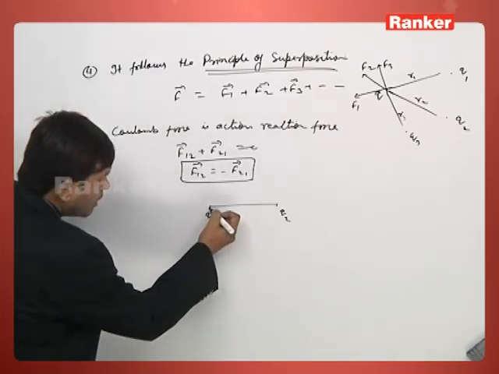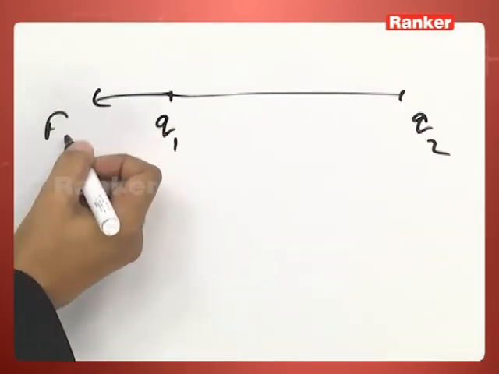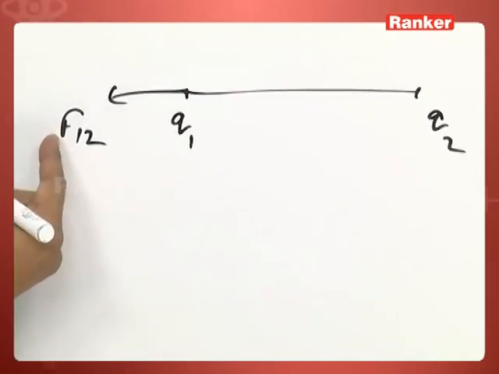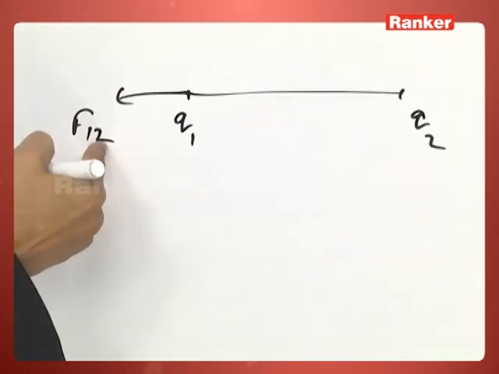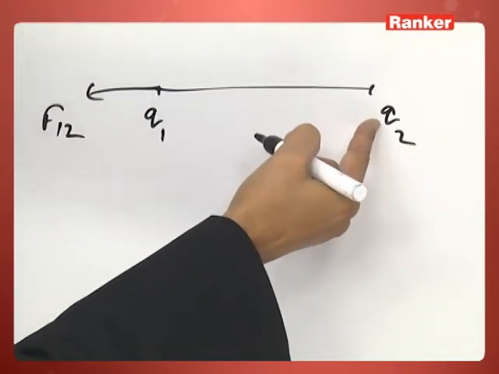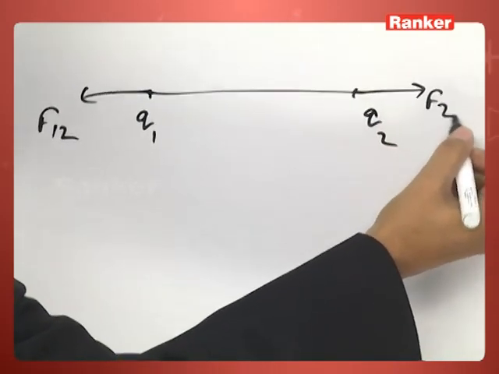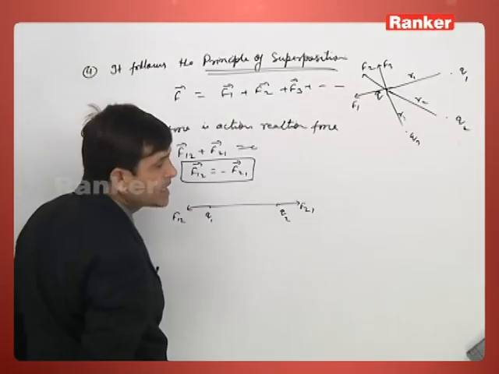The force on Q1 due to Q2 is in this side, F12, the force on 1 due to 2. Similarly, the force on charge Q2 due to Q1, the force on 2 due to 1, like this.